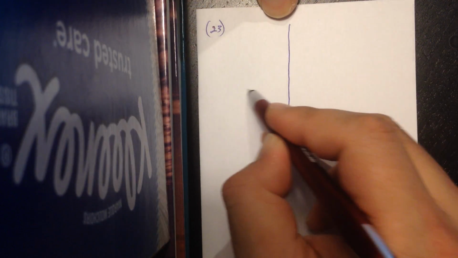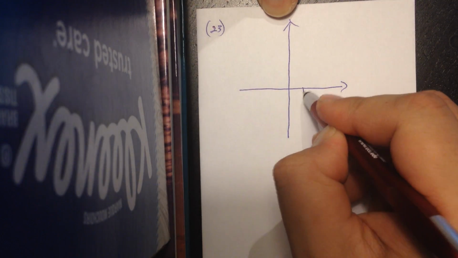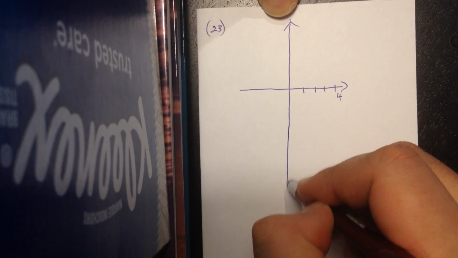23 is important. Well, let me just graph plot (4, -5).